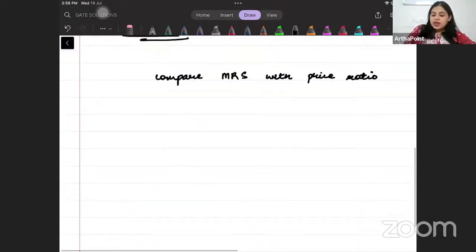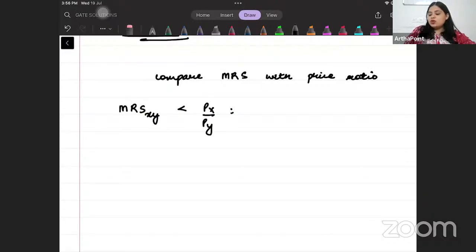So कैसे करोगे? If MRS is less than PX by PY, then you will consume only good Y. अभी मैं एक क्वेश्चन दिखाऊंगी, गेट इकोनॉमिक्स में आया था. So if MRS is less than PX by PY, you will consume only good Y.